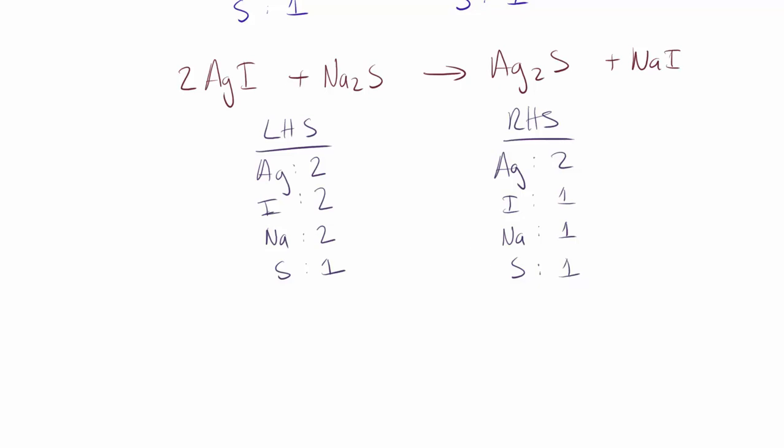But let's see what we get in the next iteration. Effectively, let's look at the sodium. So for sodium, we need to have 2 on the right hand side if we want it to be equal to what we've got on the left hand side, right? So what we could do is put 2 in front of the NaI, right, and see what we get.